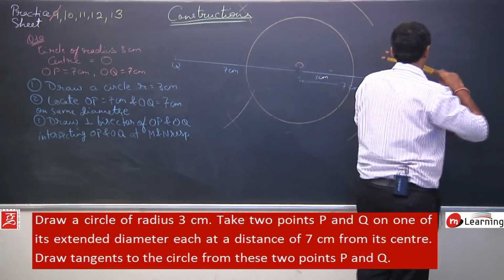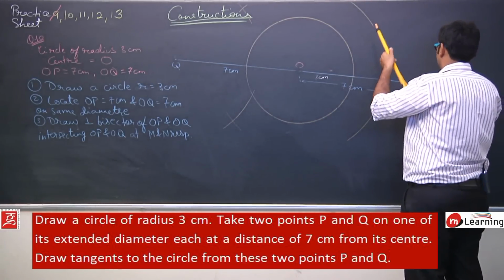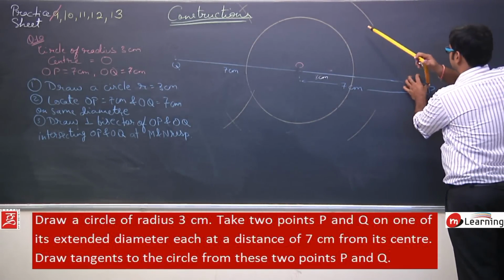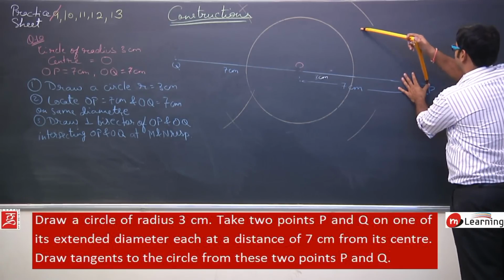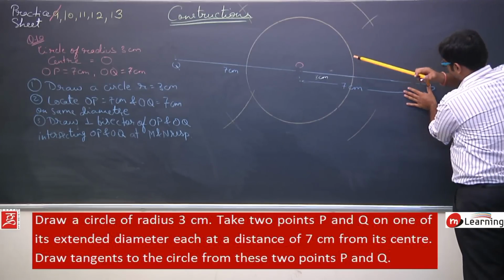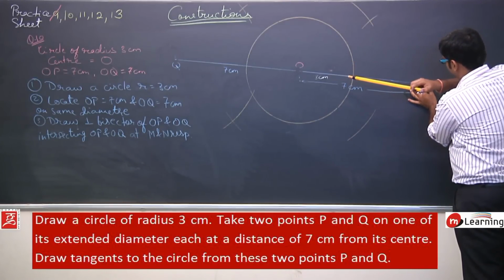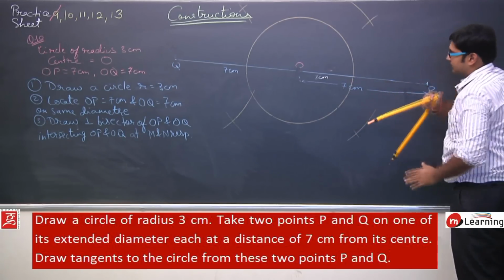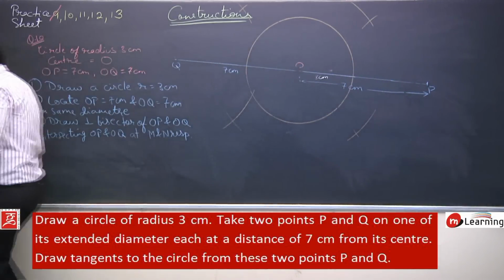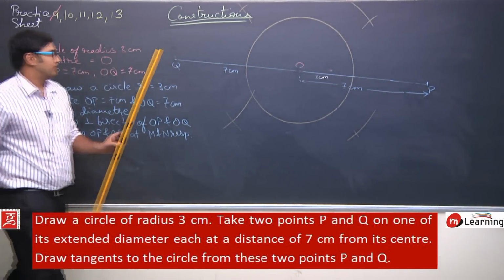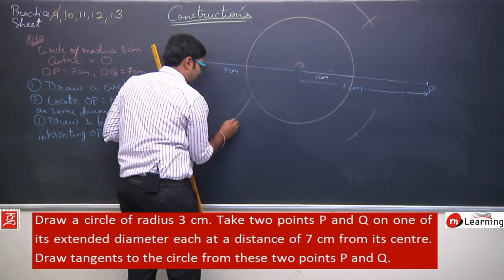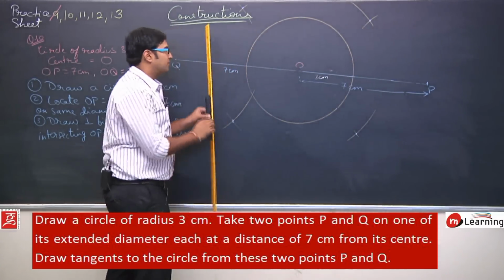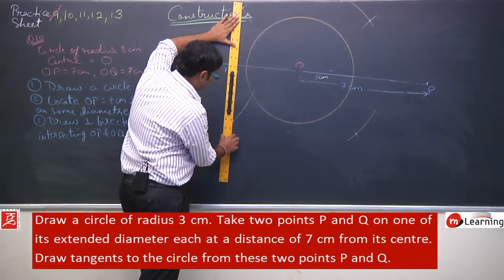Similarly, putting the needle at point P, I can draw an arc like this, and using the same point P, another like this. So I have got two arcs. Now, I will join these two arcs. This is the intersection point of two arcs for OQ, and these are the intersection points for OP. So, let us join these two lines.